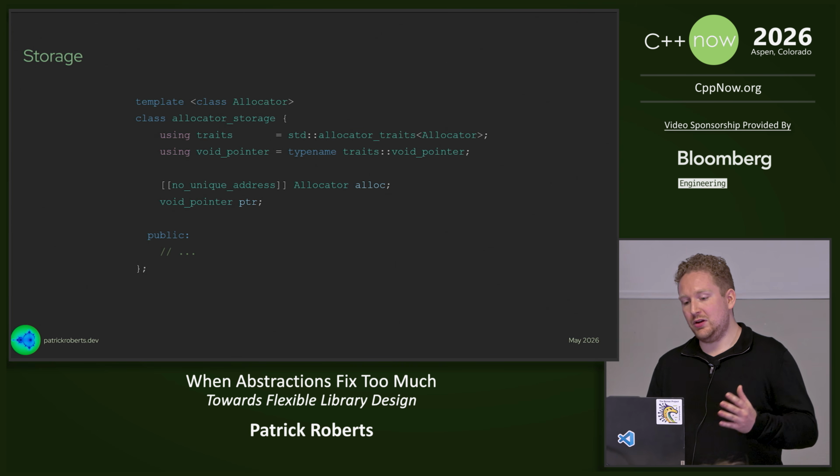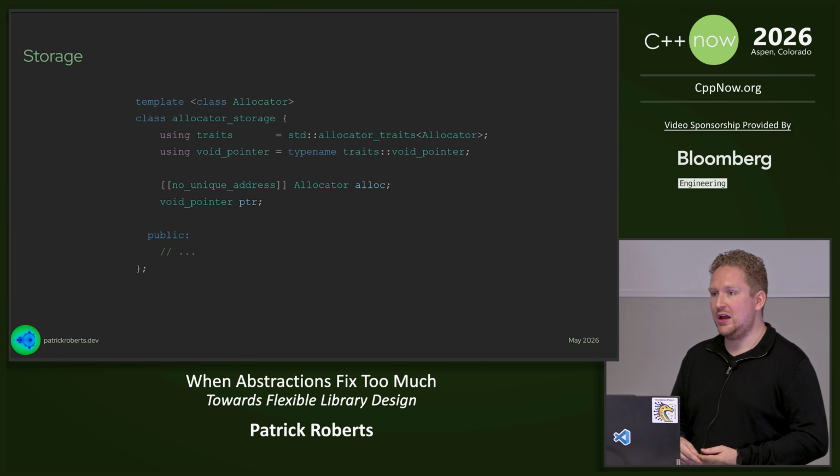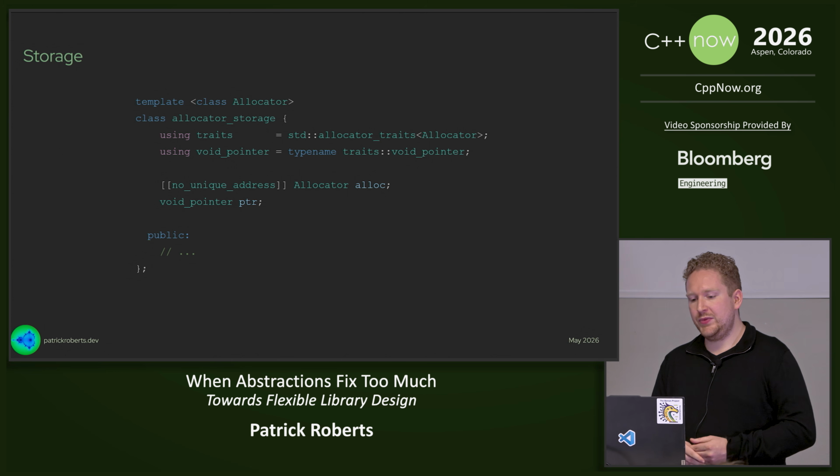As a counterpoint, the first one I want to show here is allocator storage. So this takes a template parameter of the allocator, and that decides whether you want a PMR allocator, a std allocator, or an offset allocator. Boost has offset pointers, and you might want to use one of their allocators to store an offset pointer instead of a raw pointer.